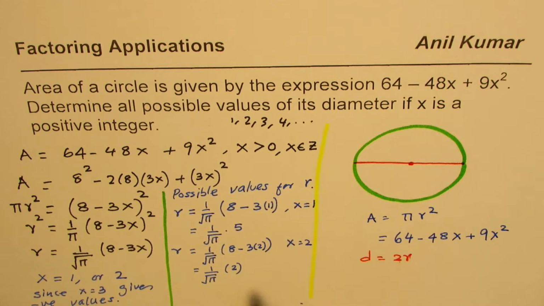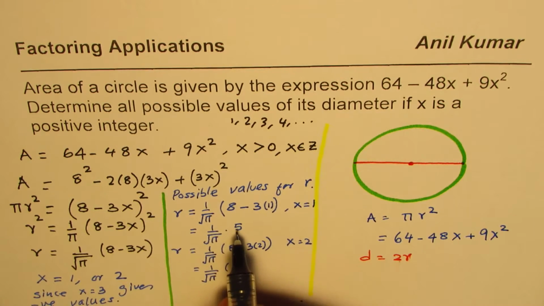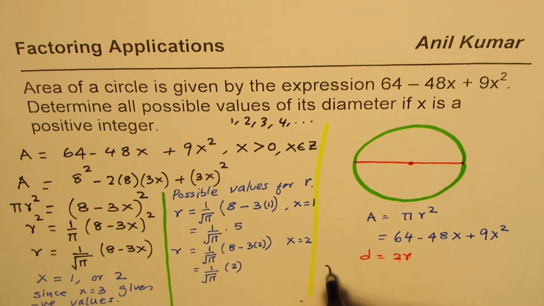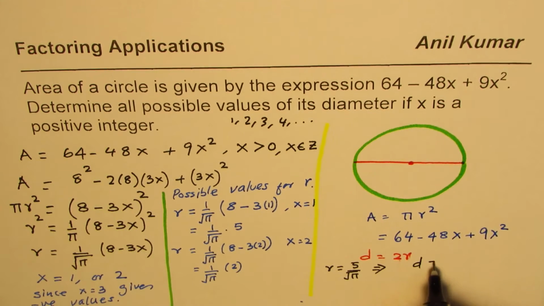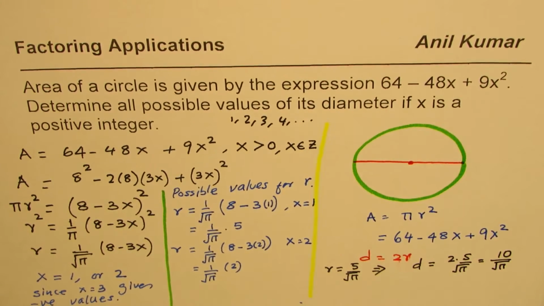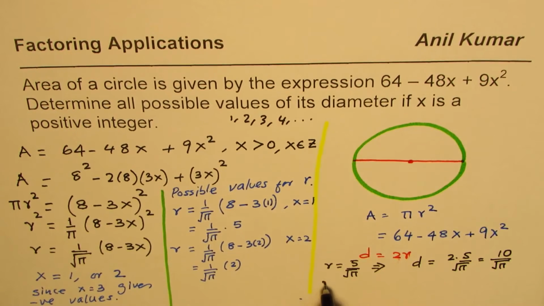So what we found here is that r has two values. One, r could be 5 over square root pi. Second, r could be 2 over square root pi. So if r equals 5 over square root pi, then diameter is twice r, so diameter will be 2 times 5 over square root pi, which is 10 over square root pi. Or r could be 2 over square root pi.